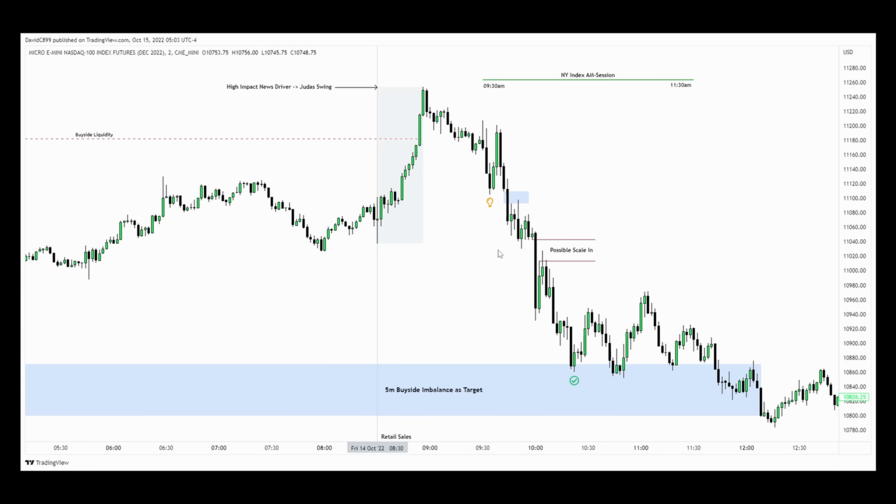This, in fact, is what we can see here because we have a bearish market structure shift and price is trading back into this sell side imbalance or SIBI, sell side imbalance, buy side inefficiency, and from there it is trading lower, seeking that buy side imbalance, BISI, buy side imbalance, sell side inefficiency as a target, and the possible scale in is what we can see here.